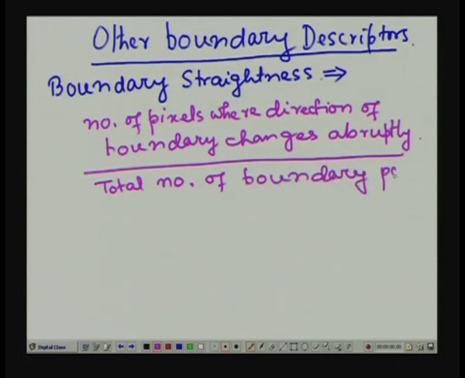So, you find that in our case we are not going for exact measurement or exact calculation of the curvature at a particular point on the boundary. But what we are doing is, we are trying to identify those points on the boundary where the direction of the boundary changes abruptly, because those are the points where the curvature is likely to be quite high.